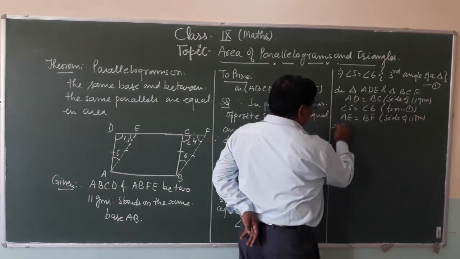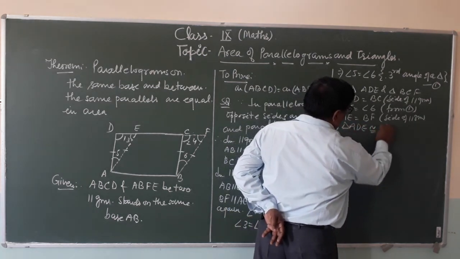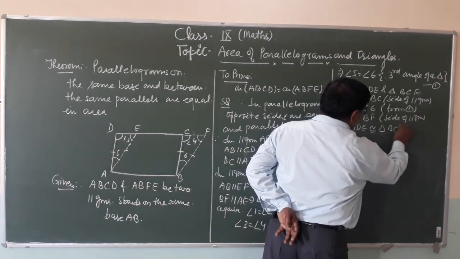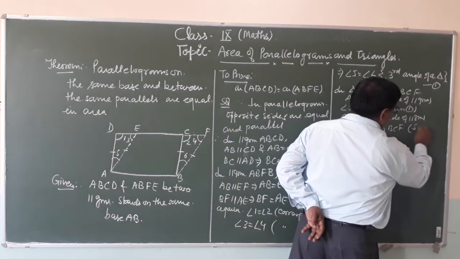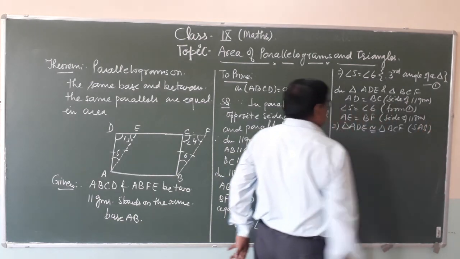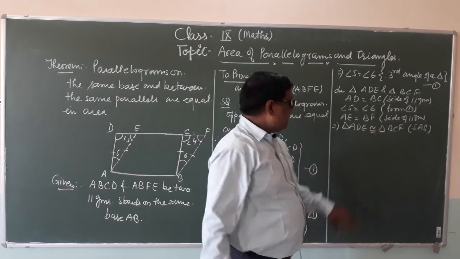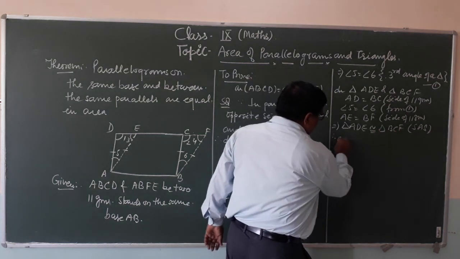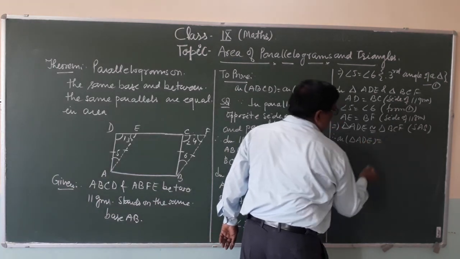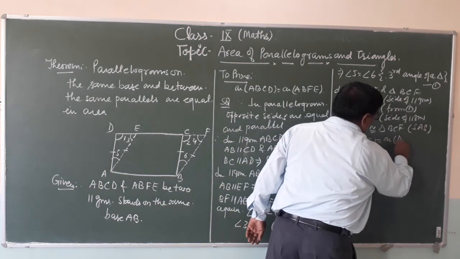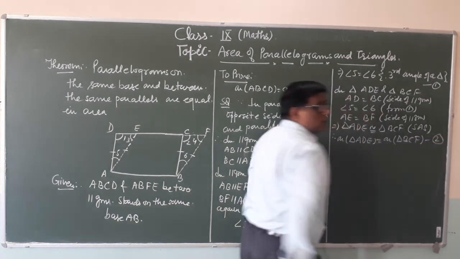This implies that triangle ADE is congruent to triangle BCF, because of which criteria? Side angle side. And if these triangles are congruent, therefore area is also equal. Therefore area of triangle ADE is also equal to area of triangle BCF. This is equation 2.